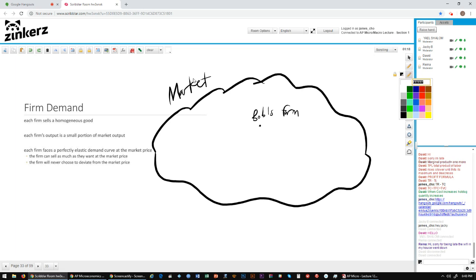So the market quantity, I like to show that as a big Q. That's the total amount of carrots that everybody in this industry is producing together, all these companies. For Bob's Farm, that's one small little company, right? So the quantity that Bob decides to produce, I'm going to call that little q.